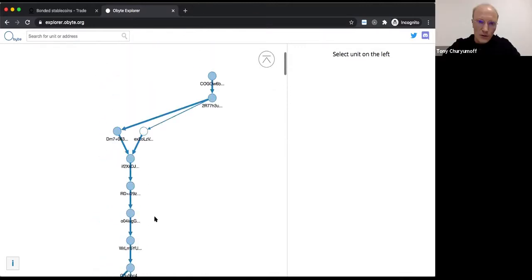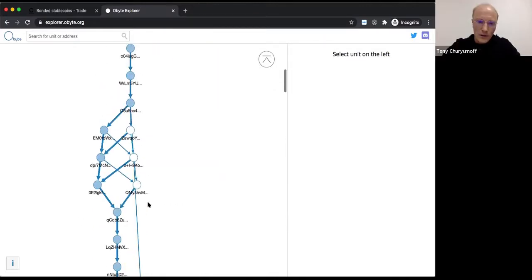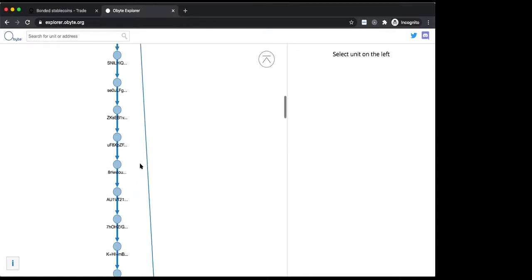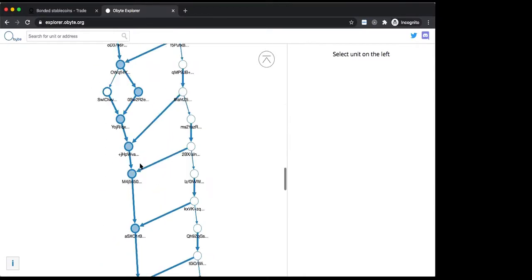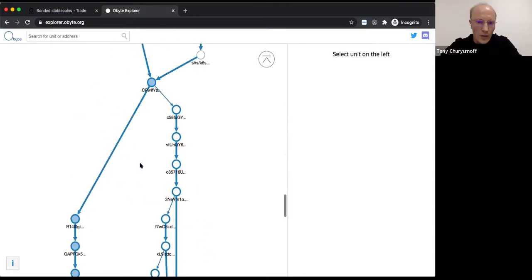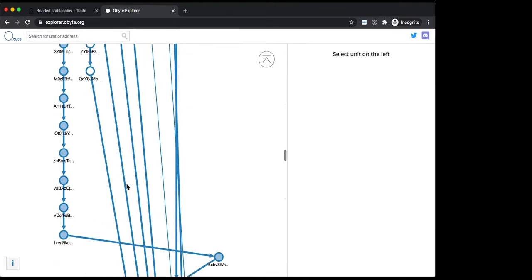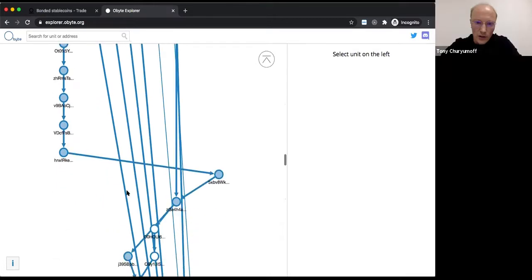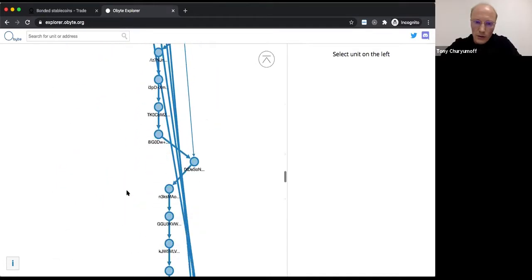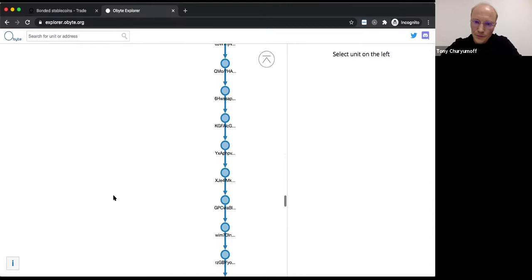Sometimes it is linear when there is low traffic, but it forks and merges many times like this. So there are many transactions happening in parallel. This is in real time what is happening on the Obyte DAG right now.